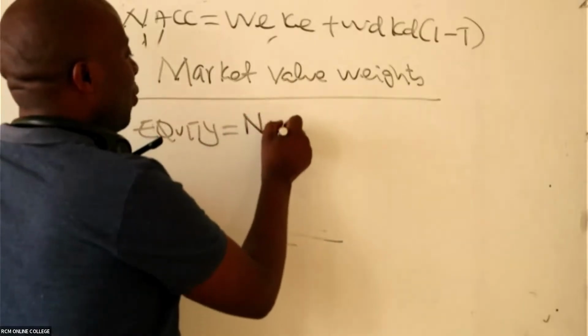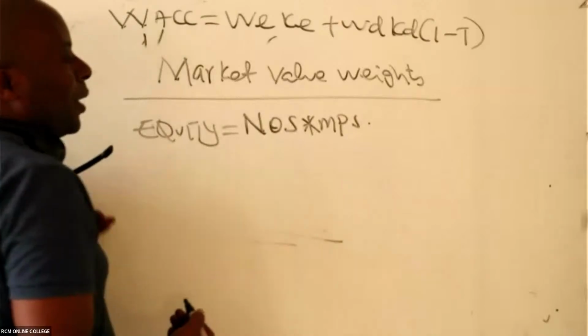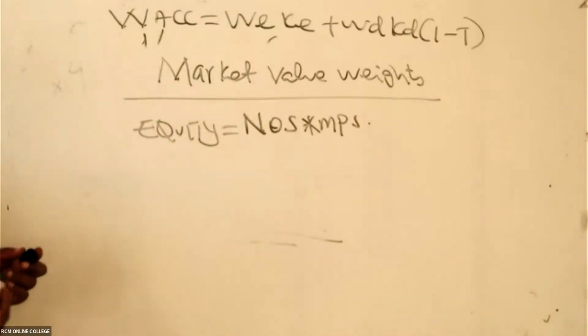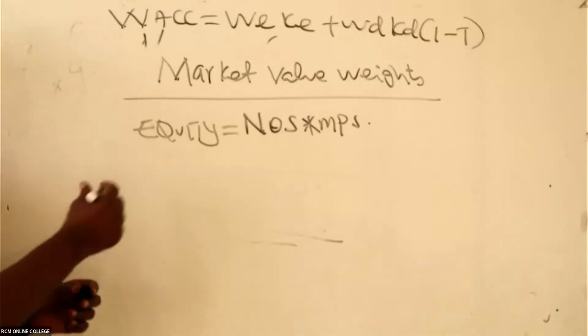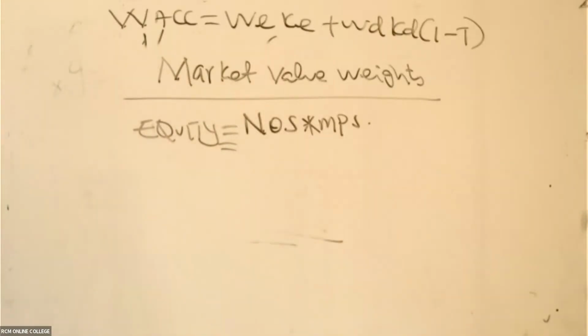I will take the number of ordinary shares times market price per share.